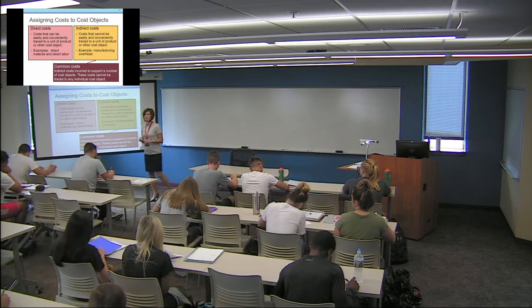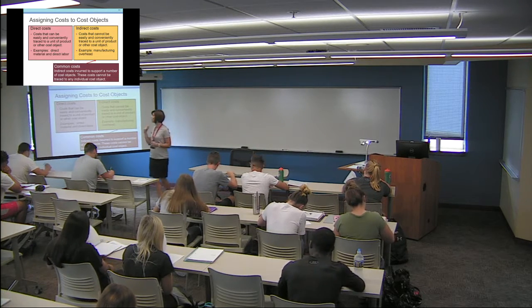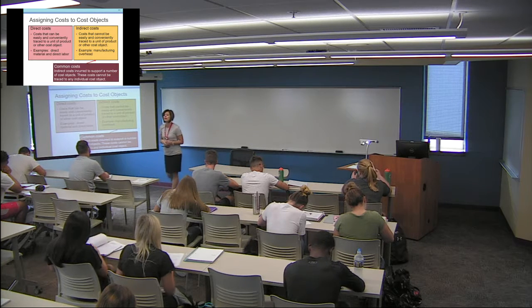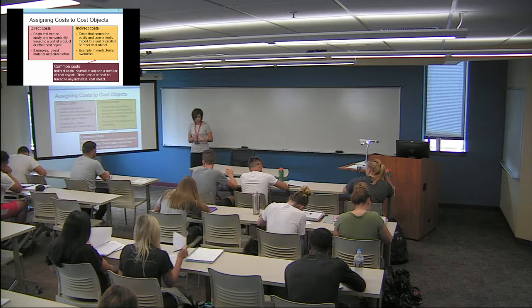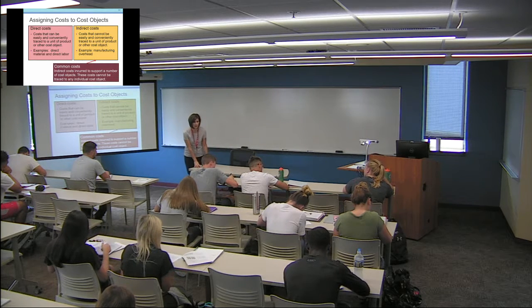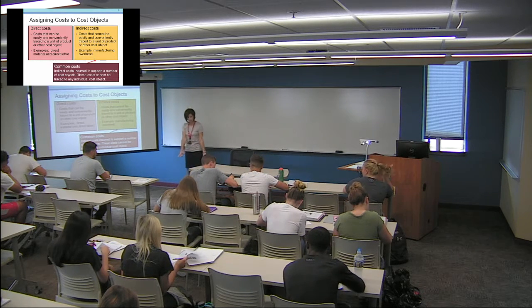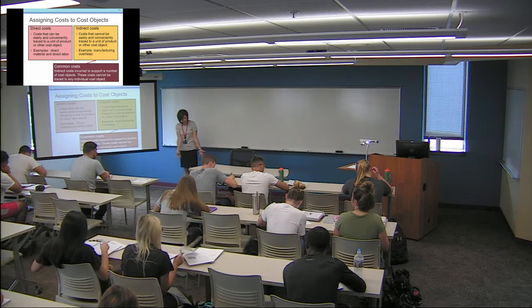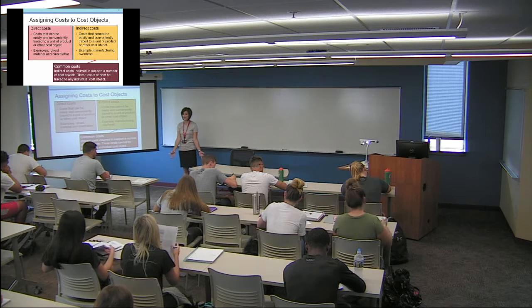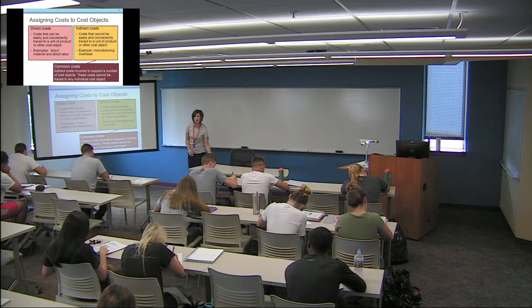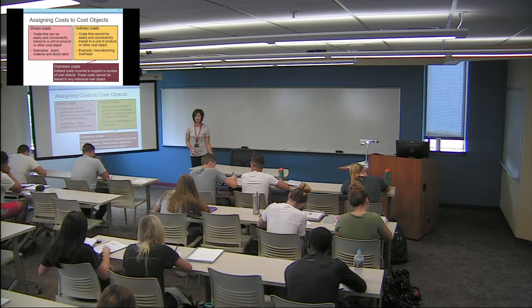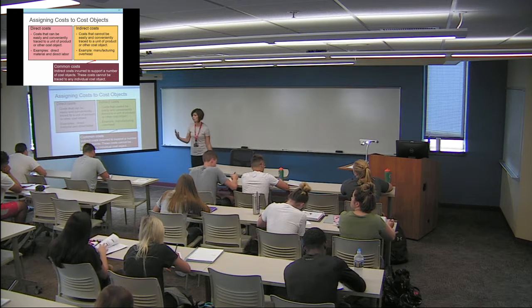The basic definition of a direct cost is a cost that can be easily and conveniently assigned to a product or a service. So, this table, for example, I really have no idea how to make a table, but I can look at this table and pretty much figure out, at least generally talk about, the materials that probably went into making it. Those are what we call direct costs.